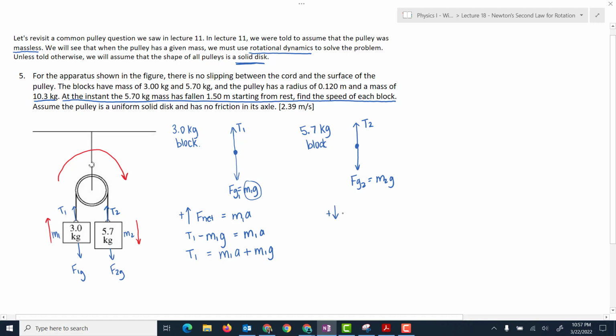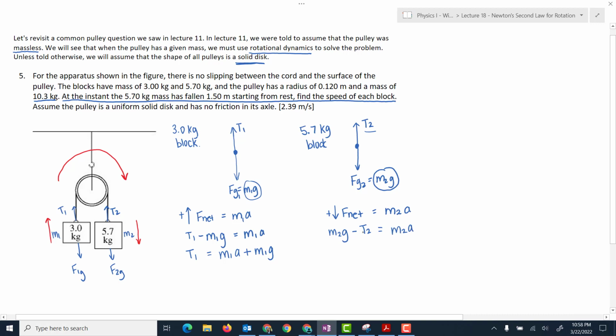So down is positive, F net equals m2a, because we're talking about the second block. What is the net force for this free body diagram? This time m2g is in the positive direction, and T2 is in the negative direction, minus T2, because down is positive, equals m2a.